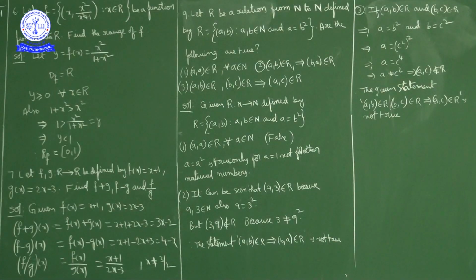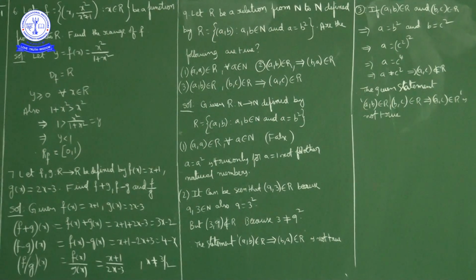Okay, next question. My 8th question I skipped, because the 8th question is one of the miscellaneous example problems. Next, 9th question. Let R be a relation from N to N defined by, how is it defined, relation R is the ordered pair (a, b), where both a and b are natural numbers and a is equal to b square. My relation between first element and second element is what? The first element is the square of the second element.